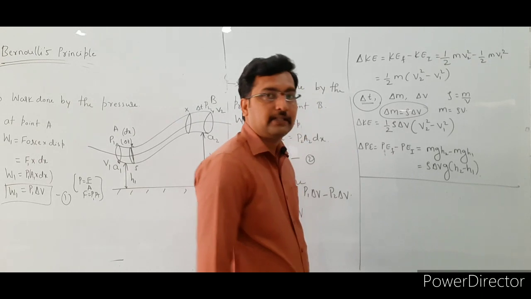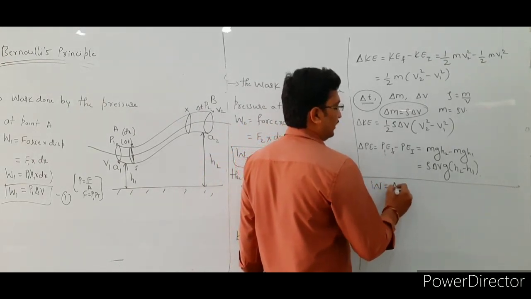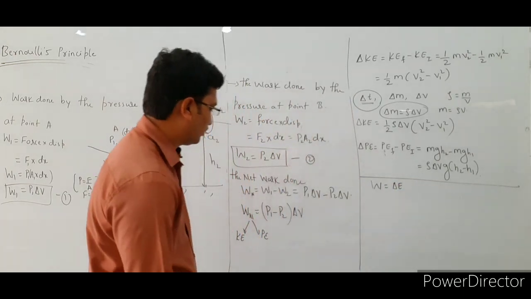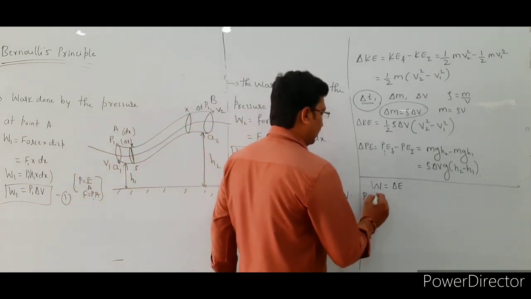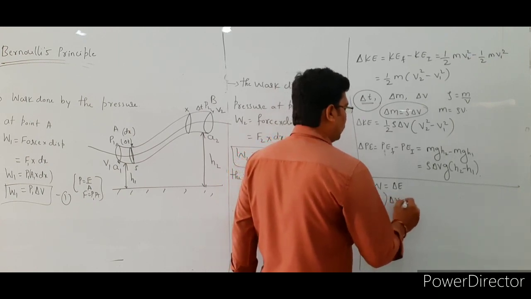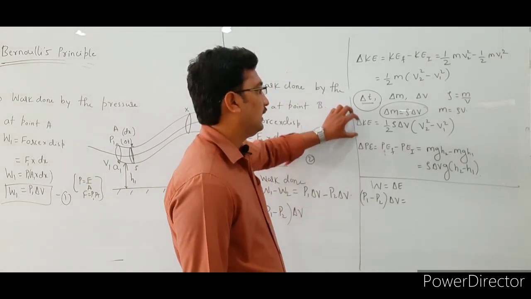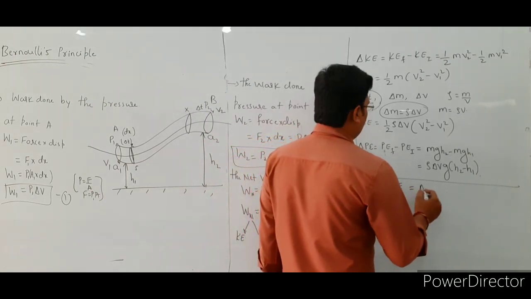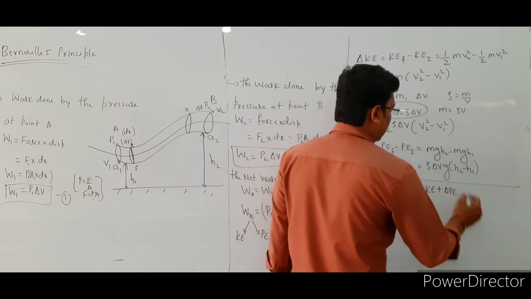So according to the work energy theorem, net work done is equal to the change in energy, right? See here the net work done value is P1 minus P2 into del V, which is equal to the change in energy, meaning the change in kinetic energy plus the change in potential energy, right?